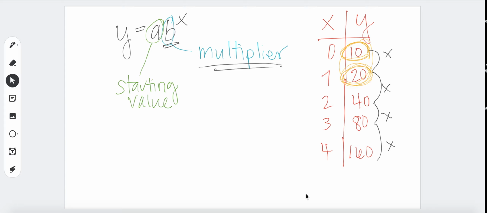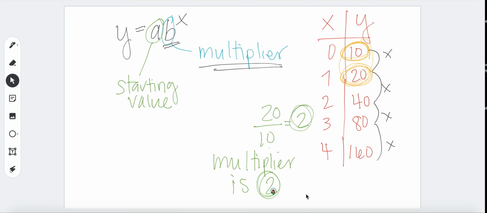So second value over the first one, and we're talking about y values again. That's going to be 20 divided by 10, that's 2. That means that my multiplier is 2. Or in other words, b equals 2. That's how I would find out in a table.